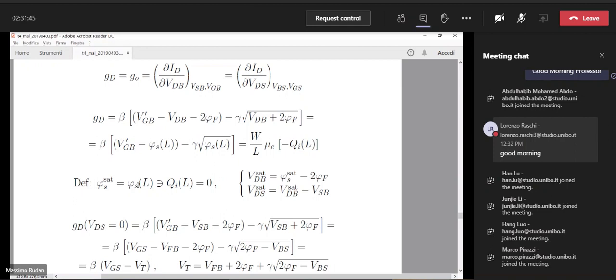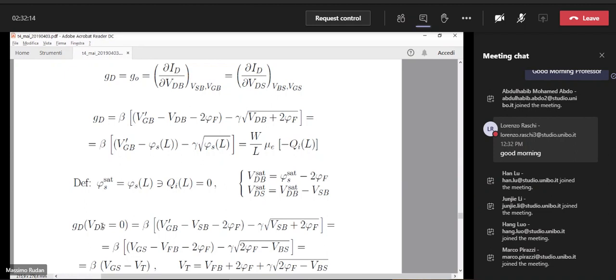We have another useful outcome from the drain conductance, and it is the following. Let's go back to the general expression of GD, this one, okay? And consider the limiting value of GD when VDS goes to 0.